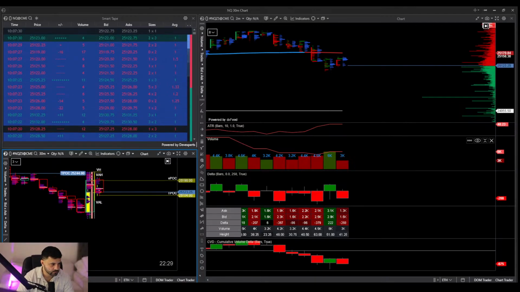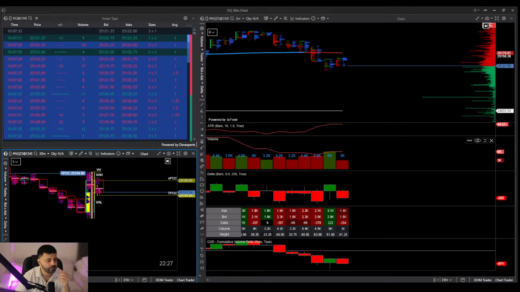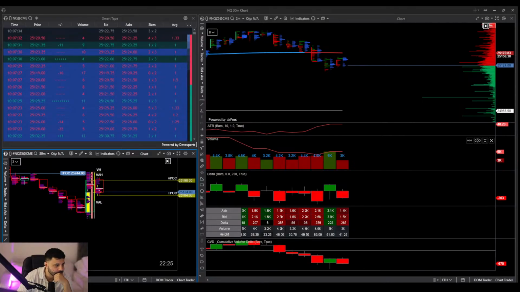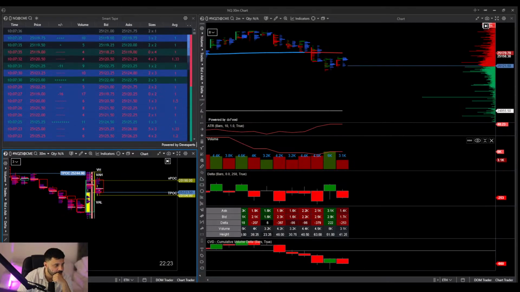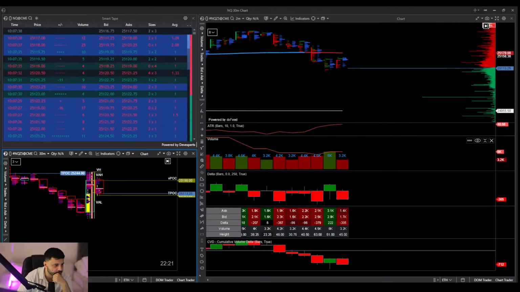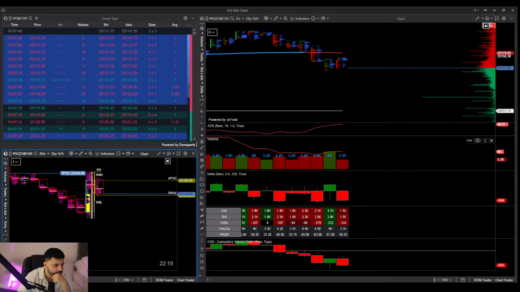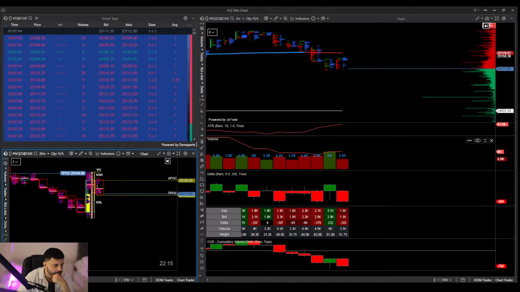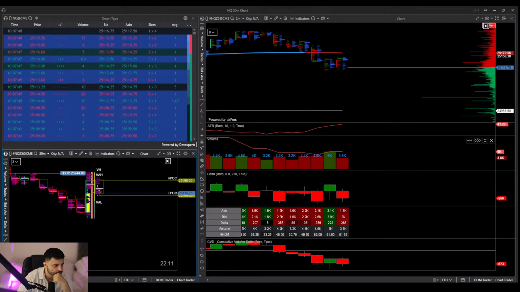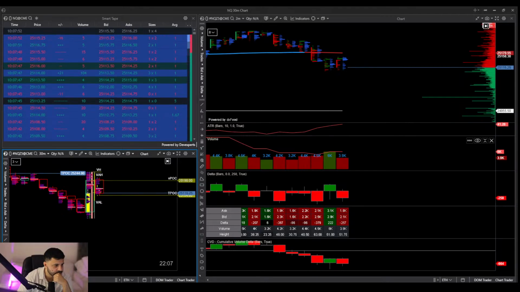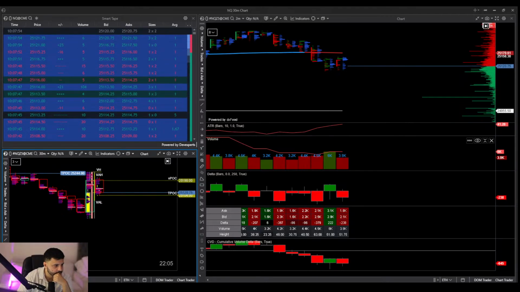So mentally, I don't think I'm too in favor of this setup. I've seen this play out before. Front run this level. So I could see something like this happening.